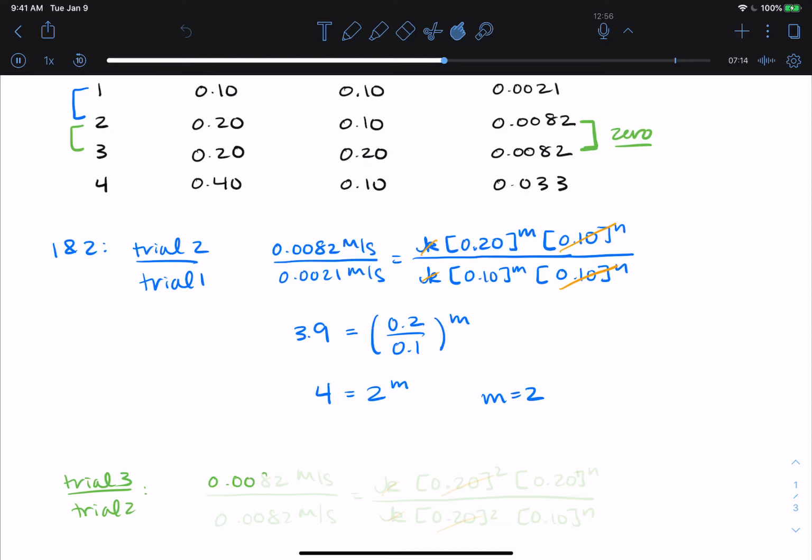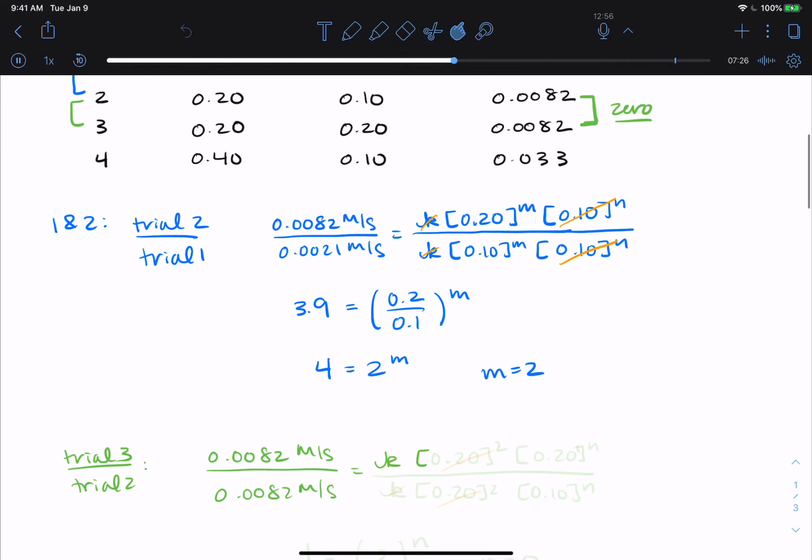And it's 0.0082 molarity per second equals the rate constant for trial 3 times 0.20, and we can put the second power in here, or we could put an m. It's going to cancel out either way, times 0.20 to the n power, divided by the rate constant, 0.20 to the 2 power times 0.10 to the n power.